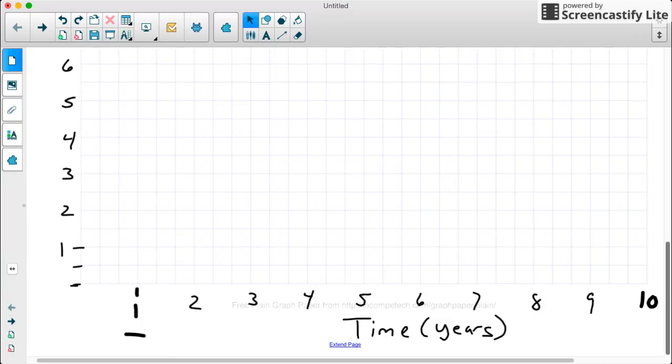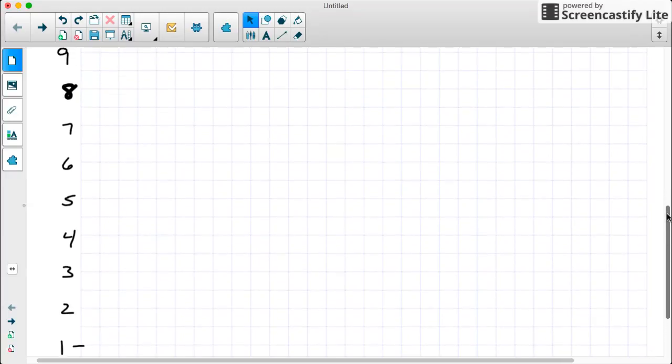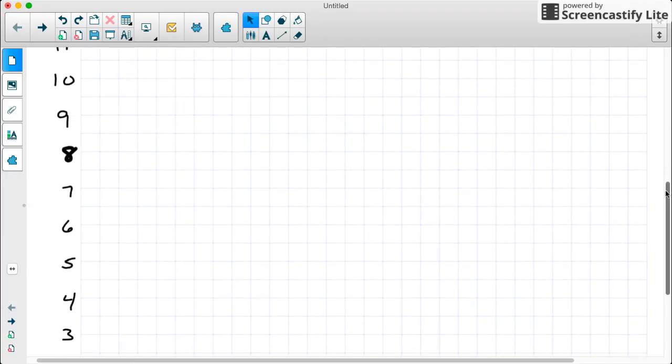So if you look in your notebooks, year 1, we basically had 10 deer. So year 1, which is right here, I'm going to have to scroll up. Year 1, and we are going to put a population of 10.